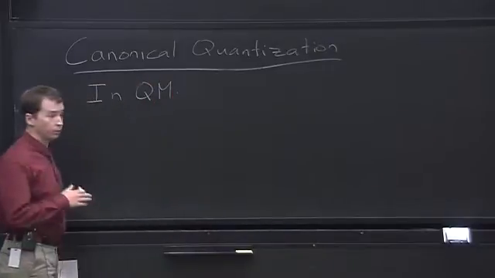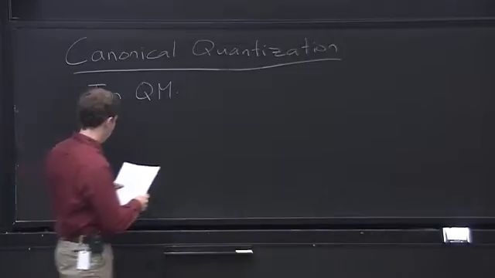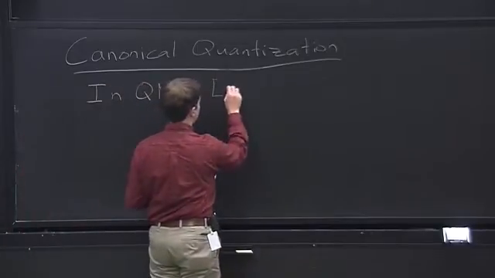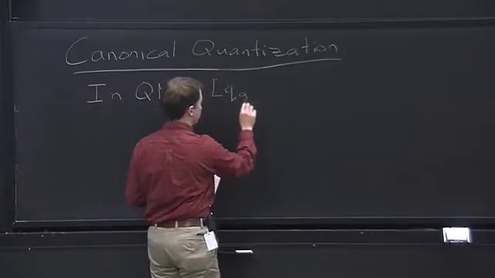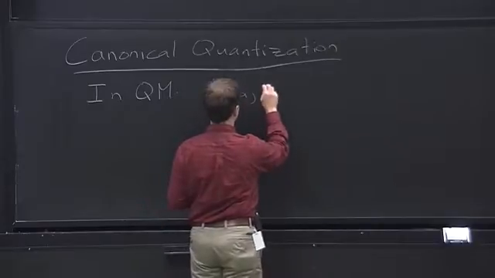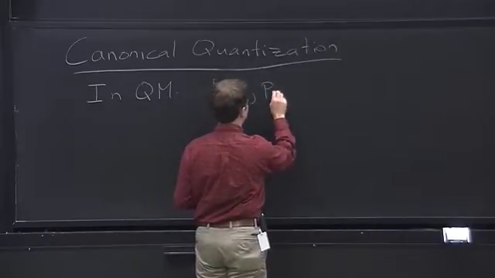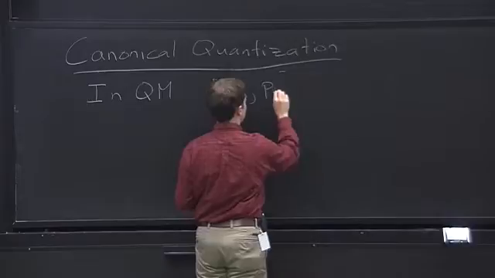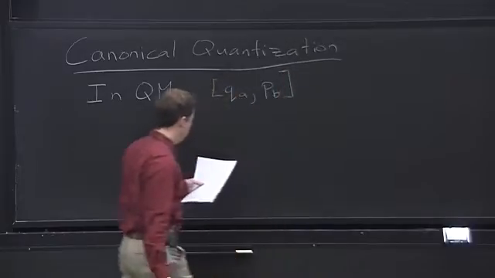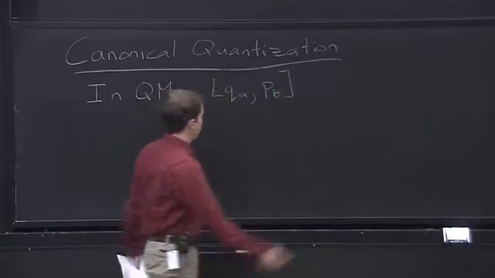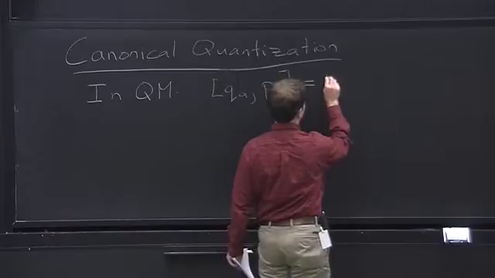To go from particle mechanics to quantum mechanics, you promote the generalized coordinates and their canonical momenta to operators that satisfy the standard commutation relations.